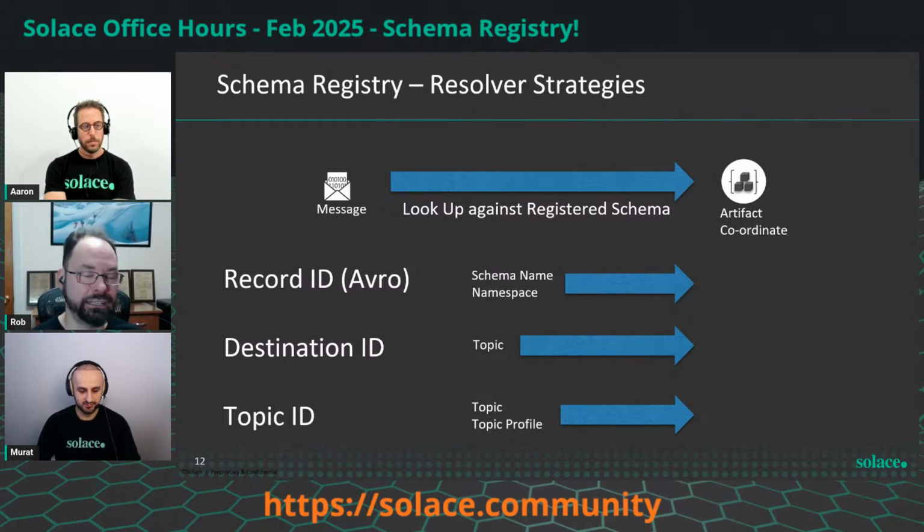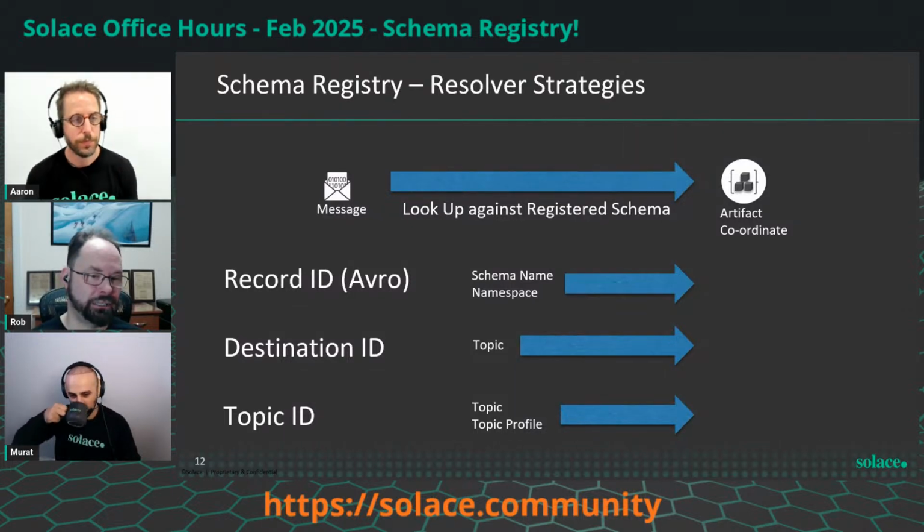And then kind of Solace unique is the topic ID. Because Solace, unlike Kafka, has a flat topic structure, whereas we have a hierarchical and wildcard capable dynamic smart topic structure, right?